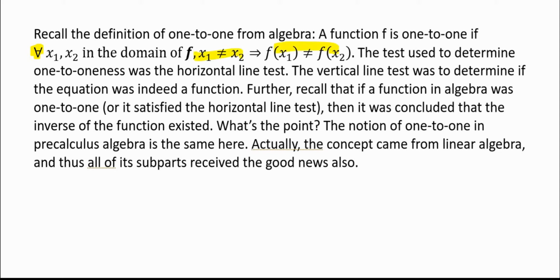If this happens, then we say that f is said to be one-to-one. You recall that the test used to determine one-to-oneness was the horizontal line test. The vertical line test was to determine if the equation was indeed a function. Further, recall that if a function in algebra was one-to-one, or it satisfied the horizontal line test, then you were able to conclude that the function had an inverse.